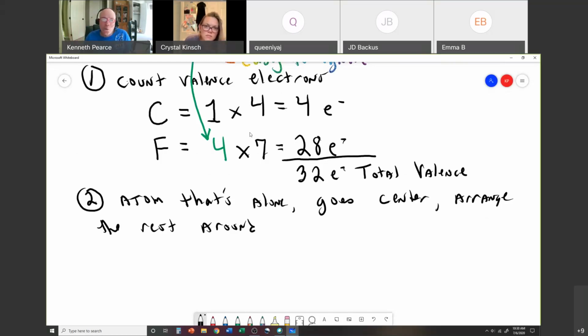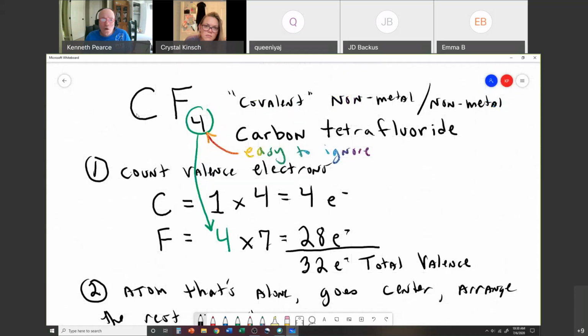Now, I want to point this out though. The carbon over here happens to be on the left-hand side by itself. That does not mean a thing. Whatever is by itself goes in the center. It is not necessarily the left-hand side atom.